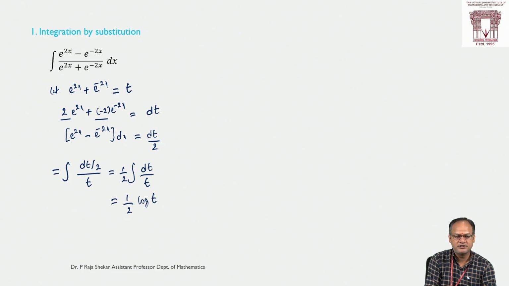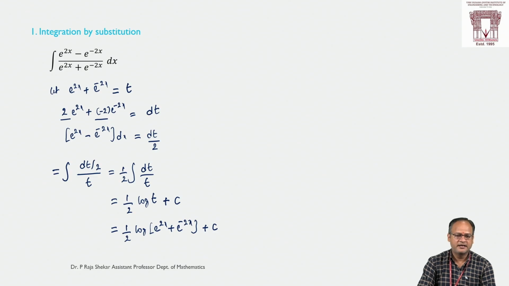Log t. So it is 1 by 2 into log t, and what else? We add the arbitrary constant c, and once again substitute back in terms of x. So it is 1 by 2 into log of (e^(2x) plus e^(-2x)) plus some constant c. So this is how we can evaluate the integral by the substitution method.